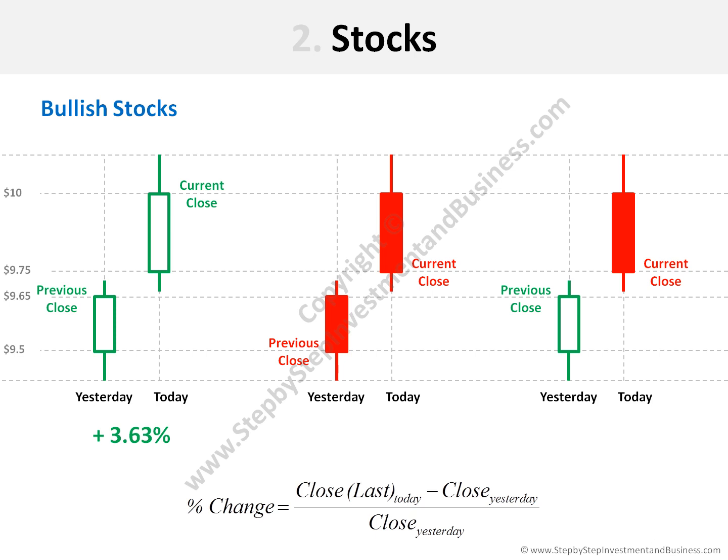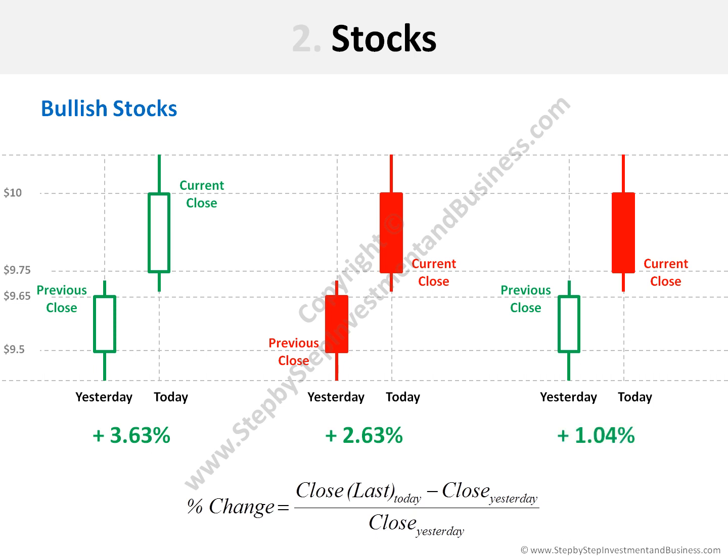3.63%. For the second case we had analyzed, the current close is 9.75 and the previous close is 9.5. If we do the math, we get a positive percentage change of 2.63%.